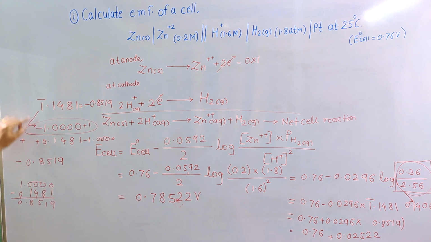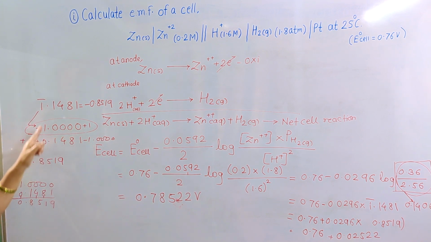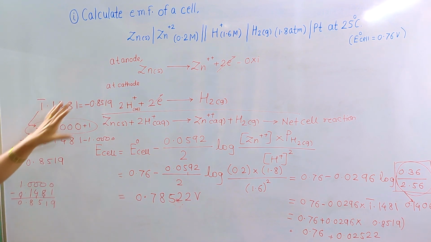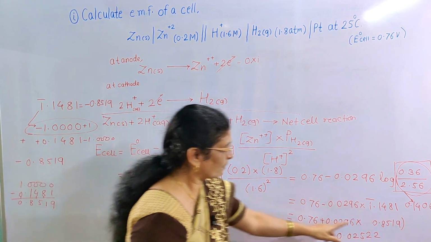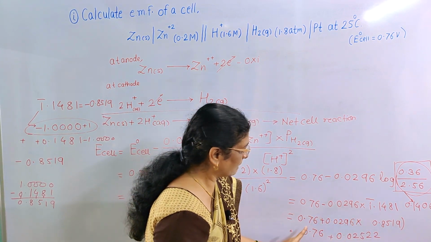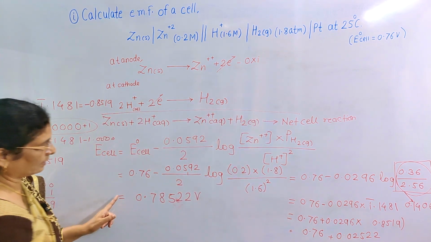How? In the characteristic we add plus 1, and in the mantissa we add minus 1. So minus 1 minus this mantissa gives a negative sign, and the whole term is converted into a negative value. Now we can take this value here, the minus minus will become plus, and so the value is calculated and the answer is 0.78522.